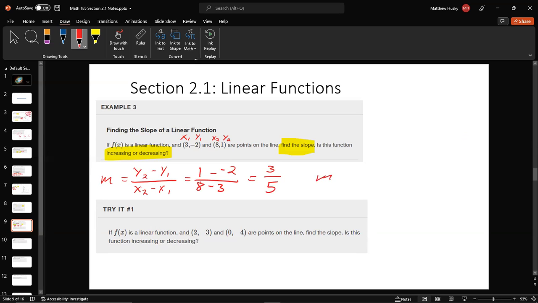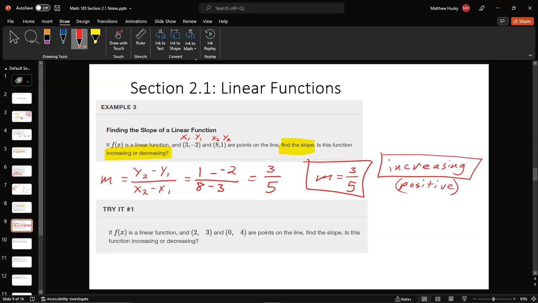And there you go. That is your slope, 3 over 5. It's perfectly okay for that to be a fraction. This is positive, so that is going to be increasing. Positive slopes are another way of saying it is increasing.